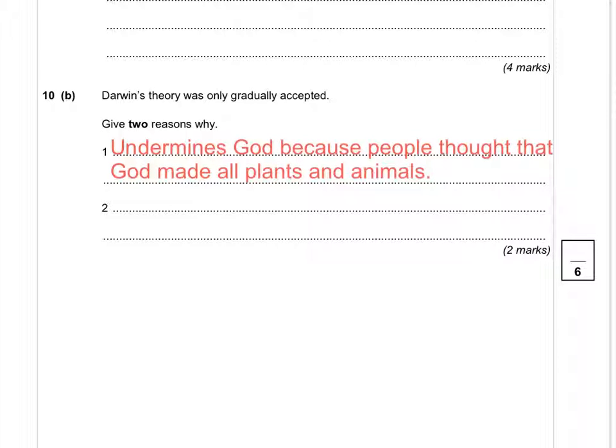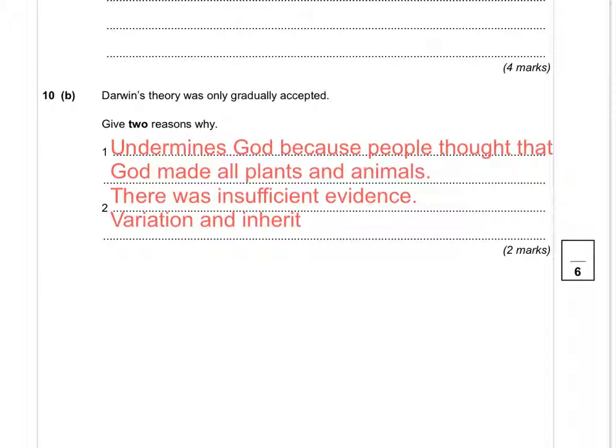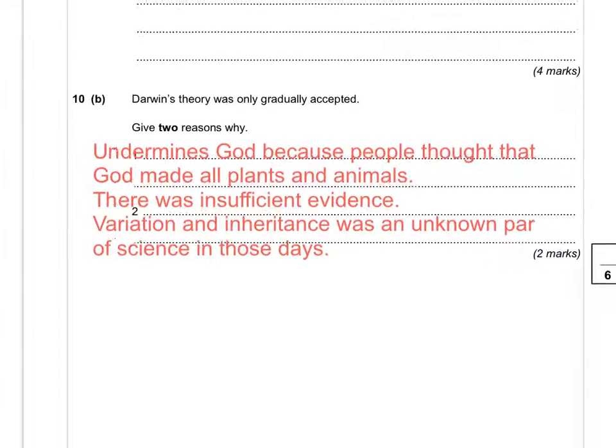Next thing that you could have said, and this is one that a lot of people did get, there was insufficient evidence, so not enough evidence at the time in order to prove it. And then the third thing that you could have said is that variation and inheritance was an unknown part of science in those days. Okay, so any of those 3 points would have been fine for the marks.